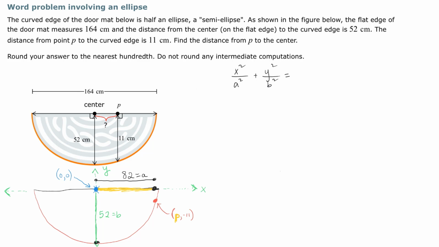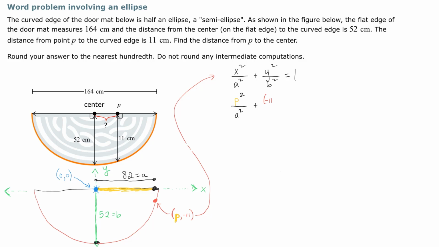Now we're going to set this equal to 1, so we have our equation of the ellipse. We're going to take this point right here, and we're going to substitute it in there. What do you mean substitute in there? Well, we're going to have p squared over a squared plus, what's y? Well, y is negative 11.